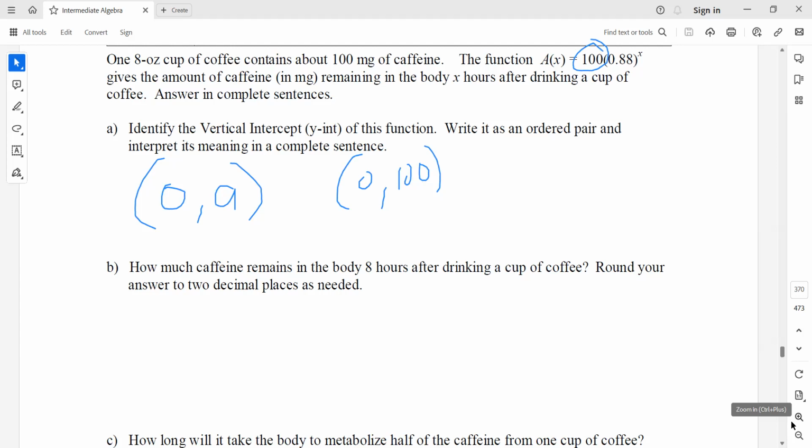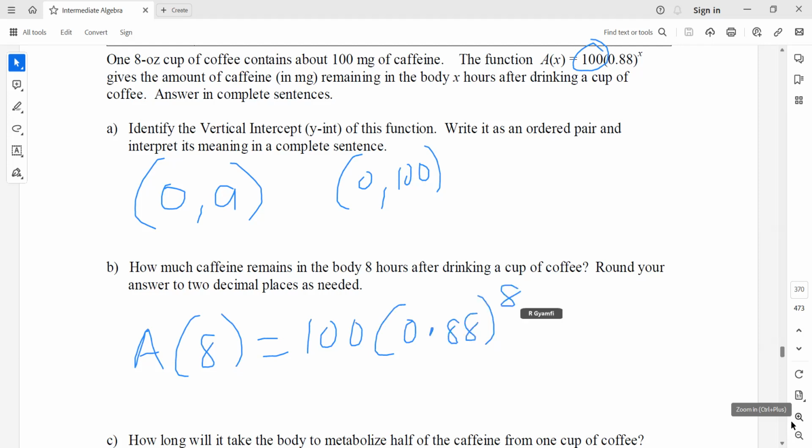What about B? How much caffeine remains in the body 8 hours after drinking a cup of coffee? 8 hours. So what do you do? You put 8 into the function. What does that give us? It's going to give us 35.96.